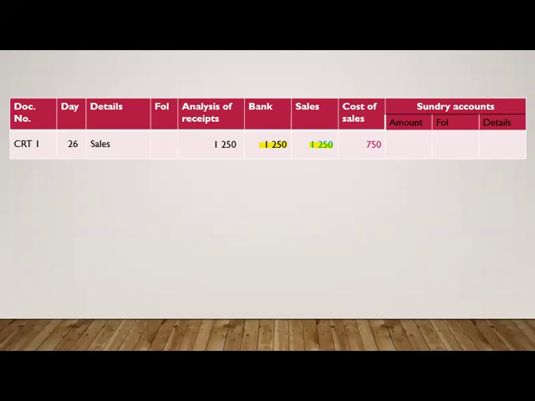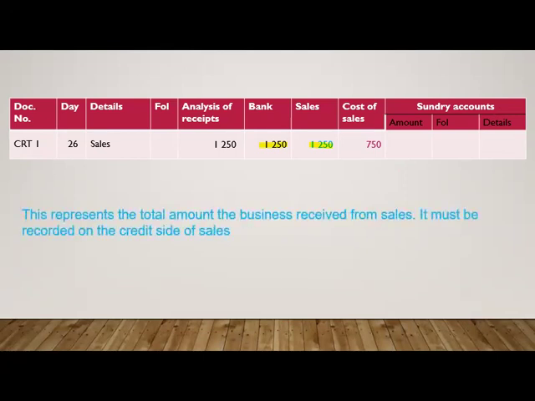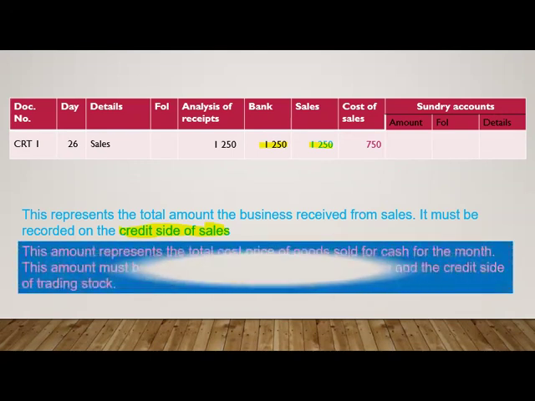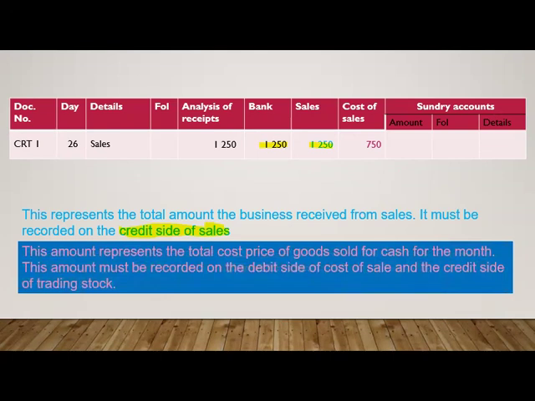So with that 1,250, we are going to record it on the credit side of sales, but we also record it on the debit side of bank. But because bank was not asked here, I'll just focus on sales. And the 750 will be recorded on the debit side of cost of sales and the credit side of trading stock.